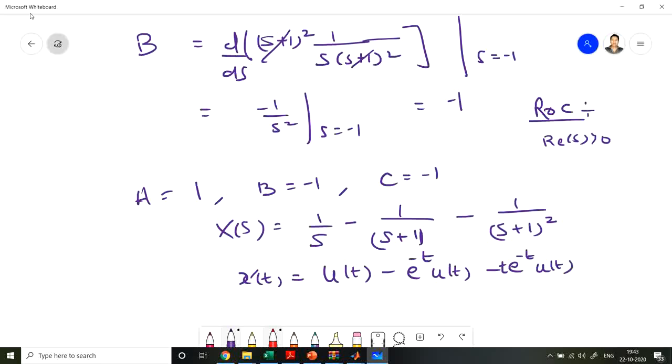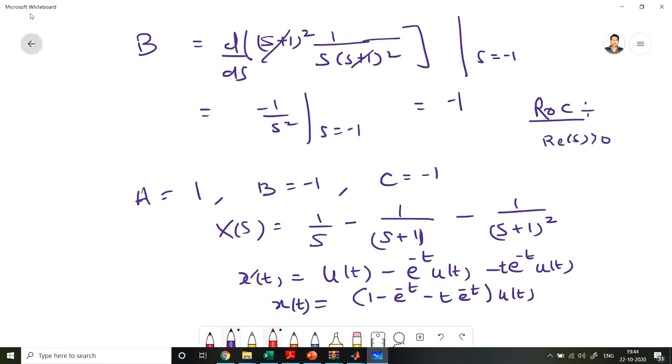Please check this, because this type of problem we have solved in previous lectures. So we have 1 minus e raised to the power minus t, e raised to the power minus t into u(t), and that is equal to xt.